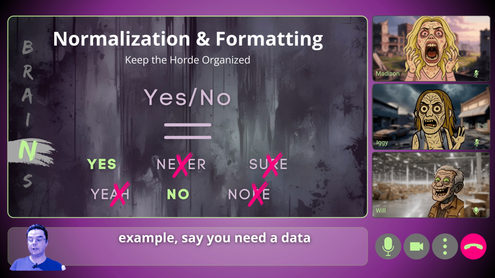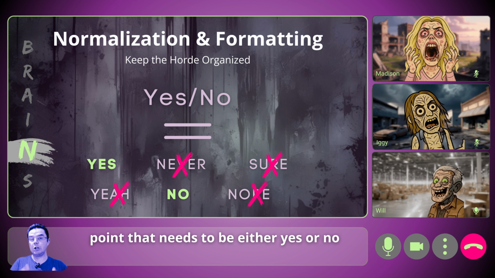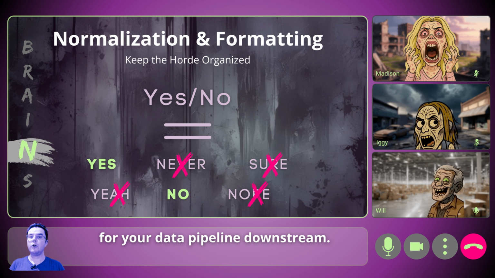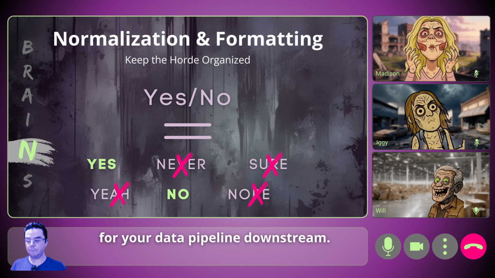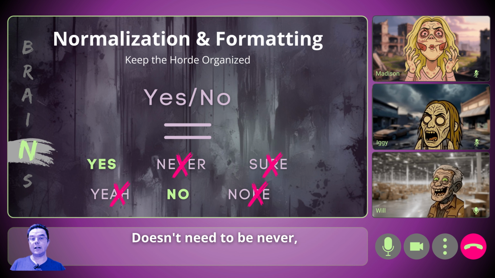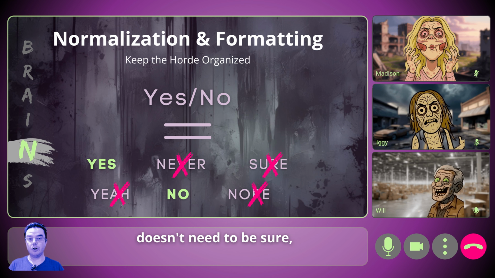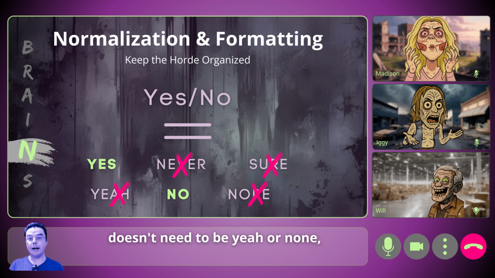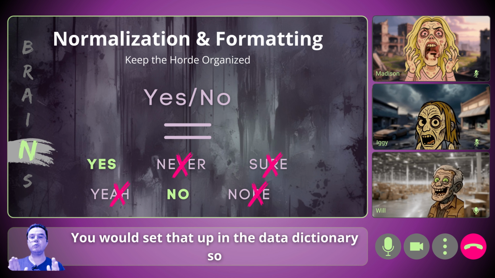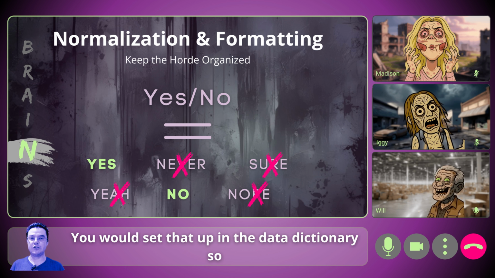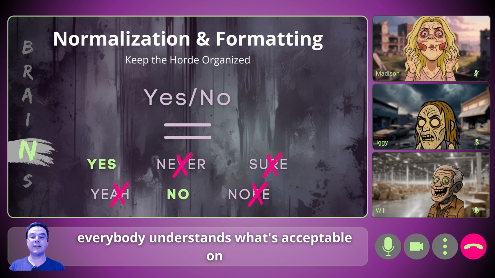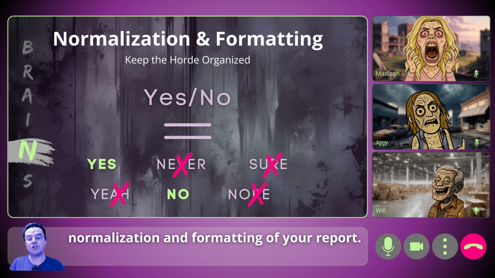For example, say you need a data point that needs to be either yes or no for your data pipeline downstream. Doesn't need to be never, doesn't need to be sure, doesn't need to be yeah or none, only yes or no. You would set that up in the data dictionary so everybody understands what's acceptable on normalization and formatting of your report.